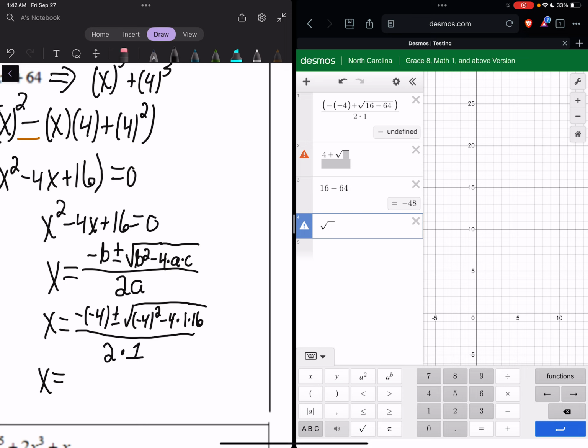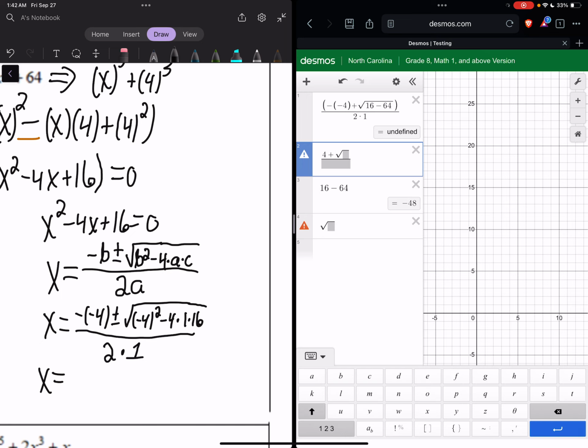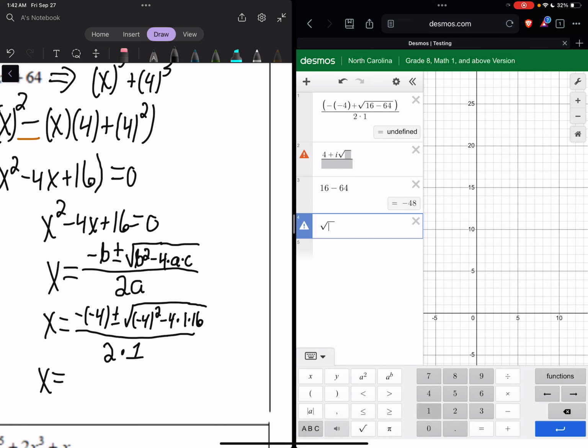So, instead of having negative 48, I'm going to say this is going to be, first, i for the negative. For 48, I'm going to be doing 16 times 3. The square root of 16 is 4. So this is 4 square root of 3.